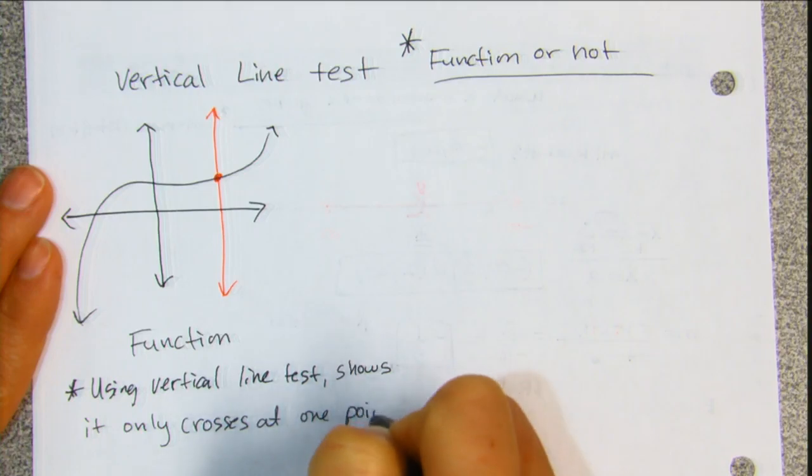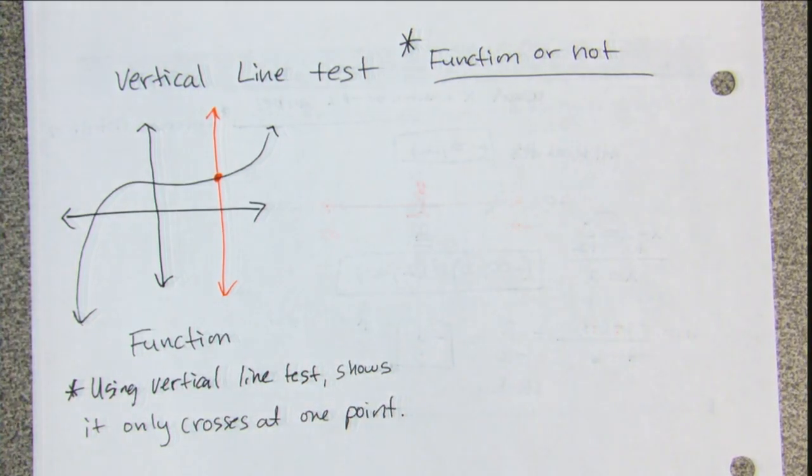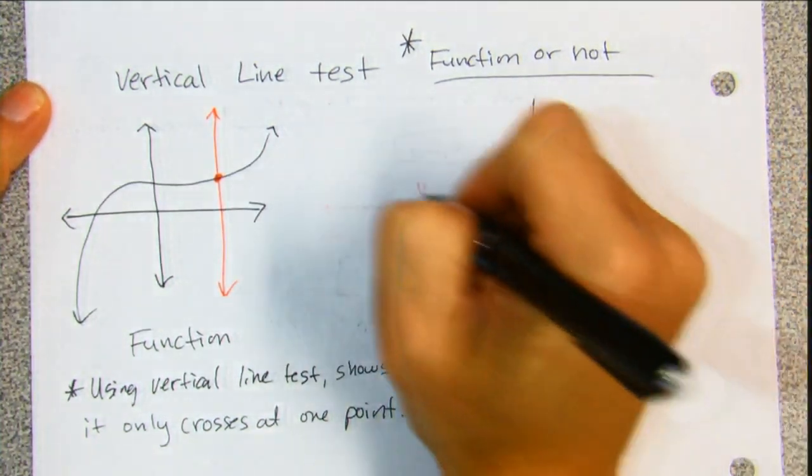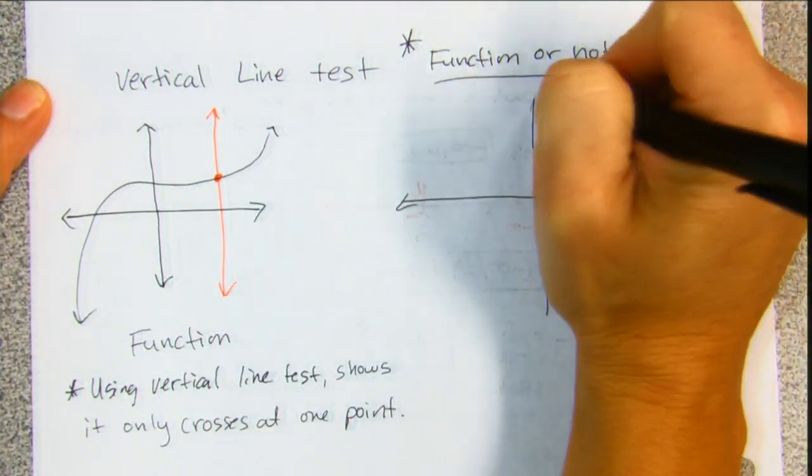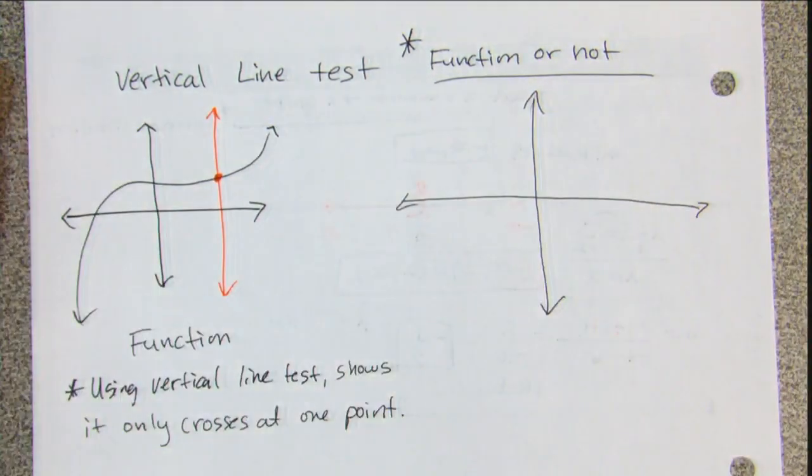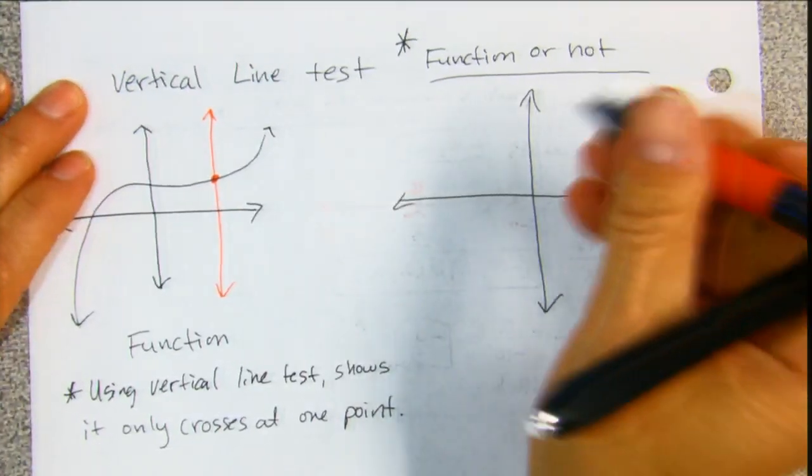And so we're supposed to know that that means that is a function. You could get more detailed if you wanted. You could just say vertical line test shows it crosses at one point, meaning only one x and one y value share a point, right? I hope you guys get 100% on this test.